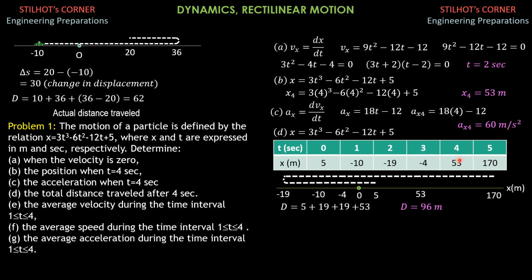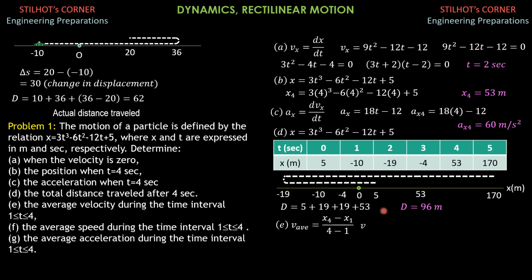So x4 is 53 minus x1, which is negative 10, then divided by 4 minus 1, which is 3. So 53 minus negative 10 is 63, divided by 3, 21 meters per second.